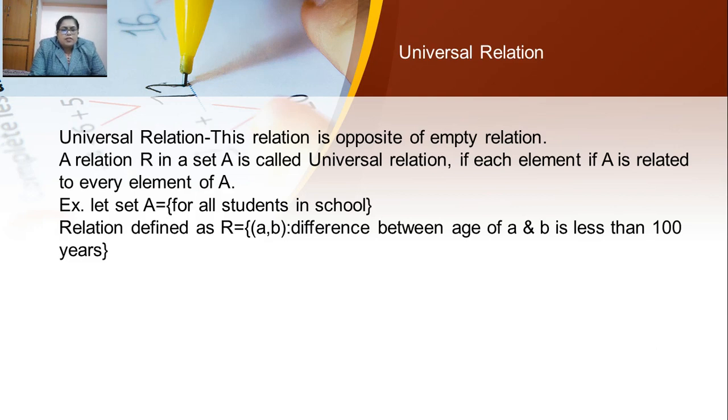Suppose we choose two students whose age difference is 17 years, it is also true for this relation, and if we choose students whose age difference is 0 years, it is also true. So we can say that this relation is a universal relation.